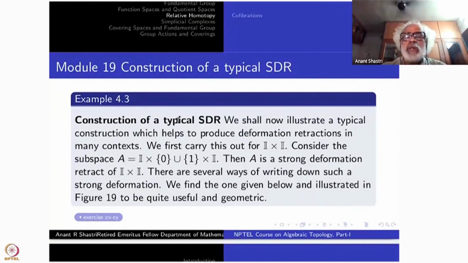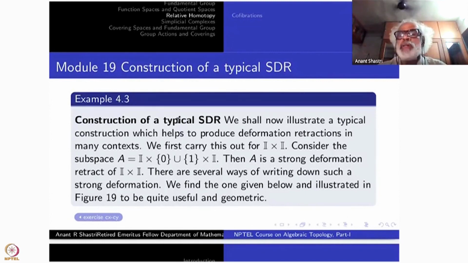So now we will discuss a typical construction, a typical SDR, a strong deformation retract, from which you can construct almost all well-known deformation retracts. As such, there are not many ways of even constructing homotopies.